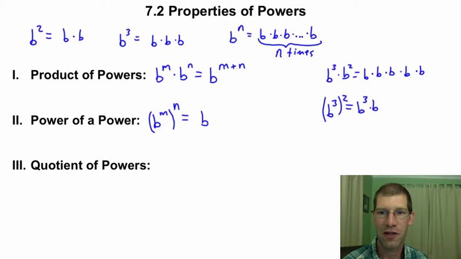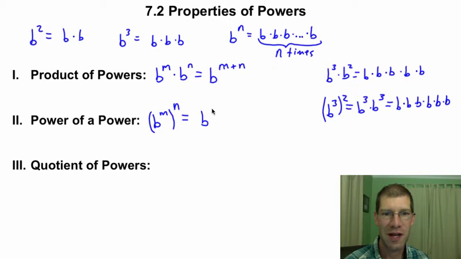So b to the third times b to the third, which is b times b times b, times another b times b times b. Now I have 6 b's, so we multiply the 3 and the 2 to get 6. So with the m and the n, it's b to the m times n power, or b to the mn.